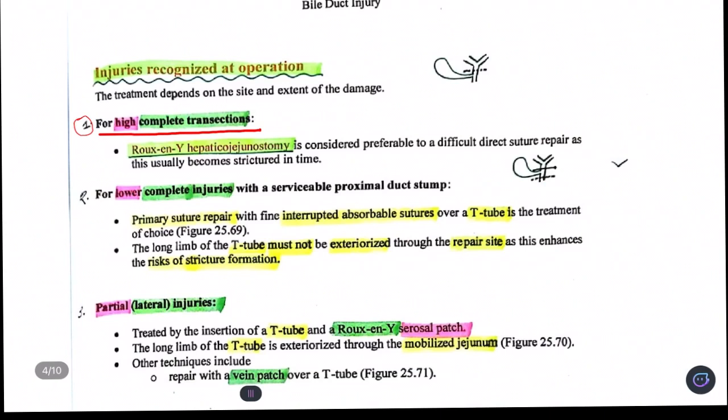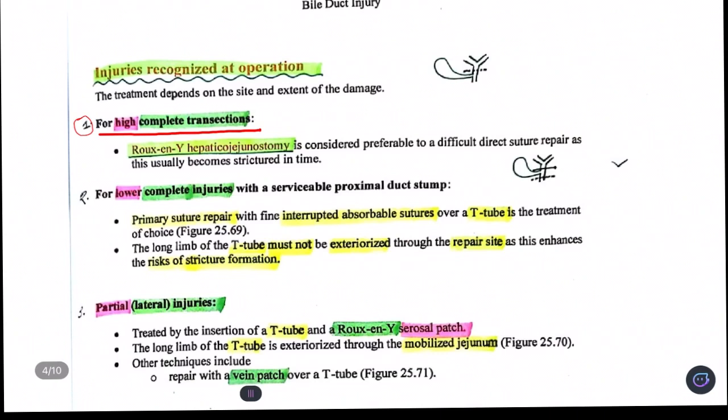For lower complete injury with a serviceable proximal duct stump, the primary suture repair with fine interrupted absorbable suture over a T tube is the treatment of choice.